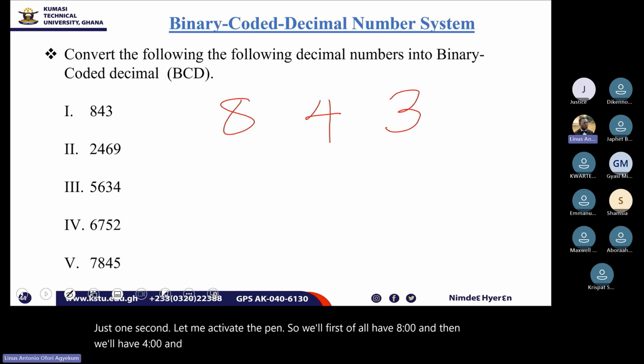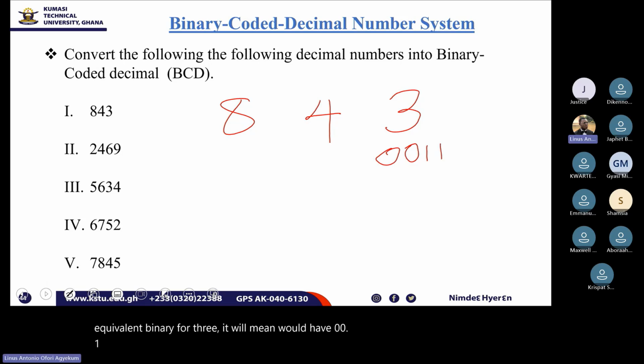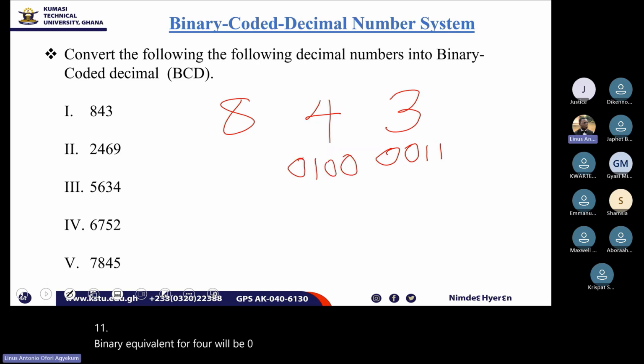So what do we do next? If we want to write the equivalent binary for 3, we would have 0, 0, 1, 1. The binary equivalent for 4 will be 0, 1, 0, 0. And then the binary equivalent for 8 will be 1, 0, 0, 0.